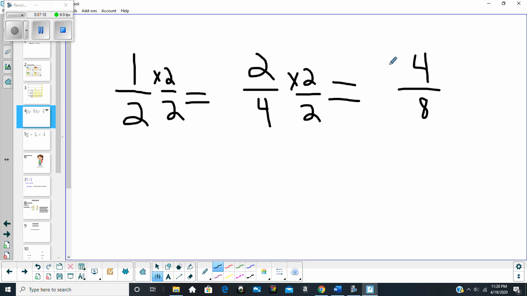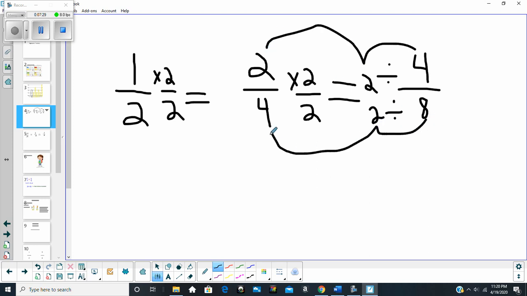So quickly, if we were to divide by 2, 4 divided by 2 would give us 2. 8 divided by 2 would give us 4.